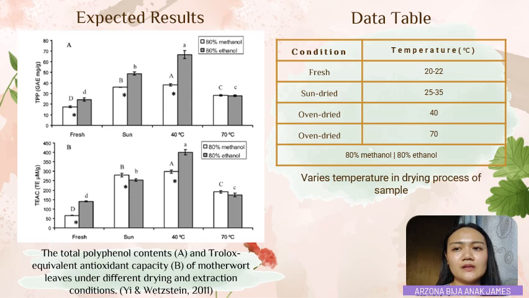Fresh sample, which is at room temperature, is around 20 to 22 degrees Celsius. The second sample is sun-dried at 25 to 35 degrees Celsius, and the third and fourth samples are both oven-dried at 40 degrees Celsius and 70 degrees Celsius. The expected plotted result is shown in the figure.